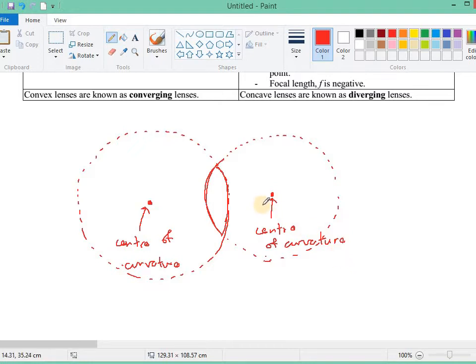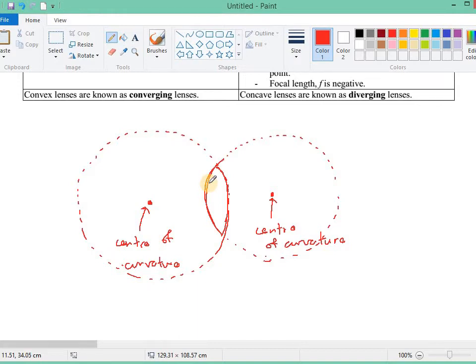For a lens, the two curved surfaces can have different curvature, not necessarily the same. But what we learn here, we don't go so advanced.